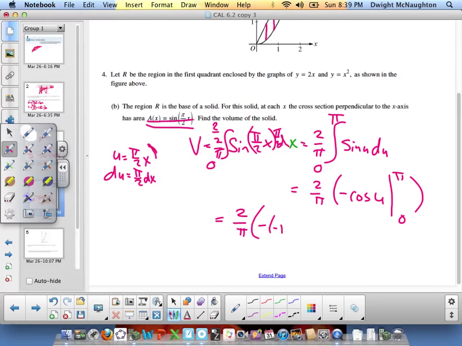Cosine of pi is negative 1, minus negative 1. Because we got a negative here, cosine is negative 1 minus negative 1. That's going to give us 2 over pi times 2, or 4 over pi.